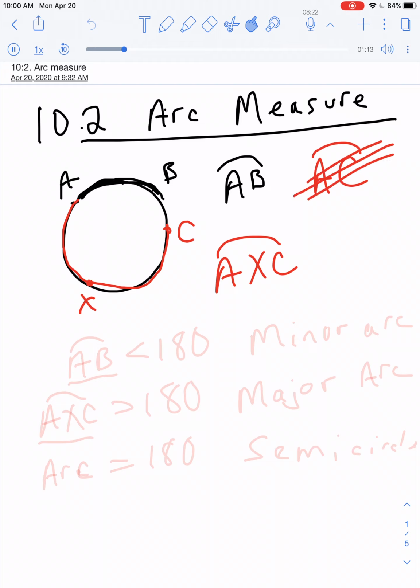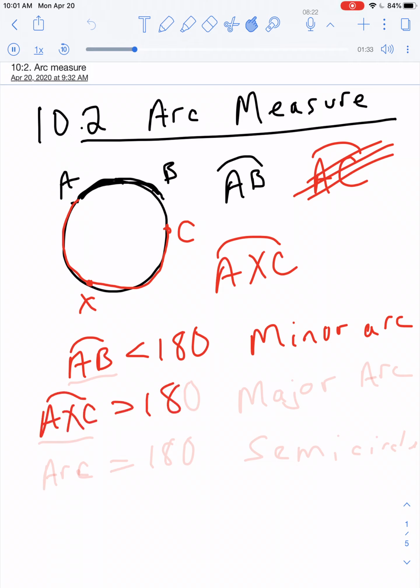If it's a short one, like AB, less than 180, or half a circle, we call that a minor arc. If it's bigger than 180, like arc AXC, you call that a major arc. So minors have 2 letters, majors will have 3.